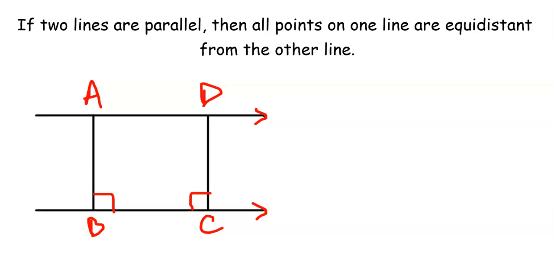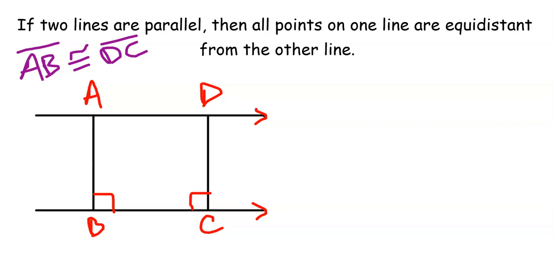And because these are arbitrary segments here, they're not points chosen in any particular orientation other than they're not the same point. If AB and DC are congruent, that means that the lines are equidistant no matter the points. So this is what we want to prove. AB is congruent to DC.